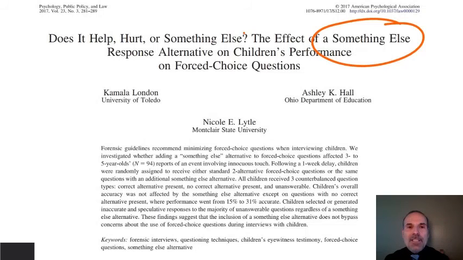The effect of a something else response alternative on children's performance on forced choice questions. So that's just what we were talking about a moment ago. And there's some preliminary research on this. It's been published, it's been peer reviewed. And in video 5.5, we'll take a closer look at Professor Lytle's research along with Kamala London and Ashley Hall from 2017. So this sets the table now for the video casts that you're about to see.